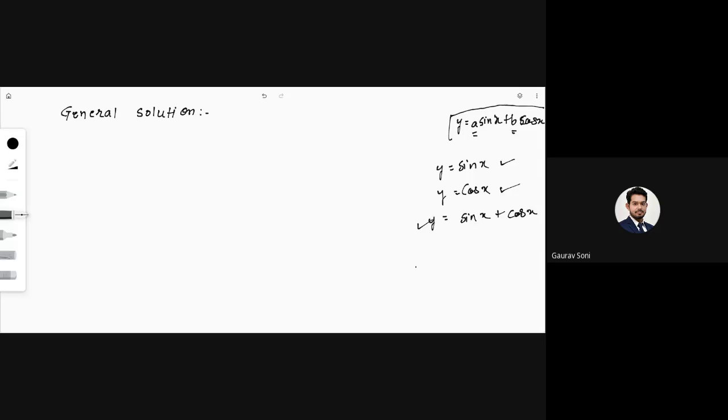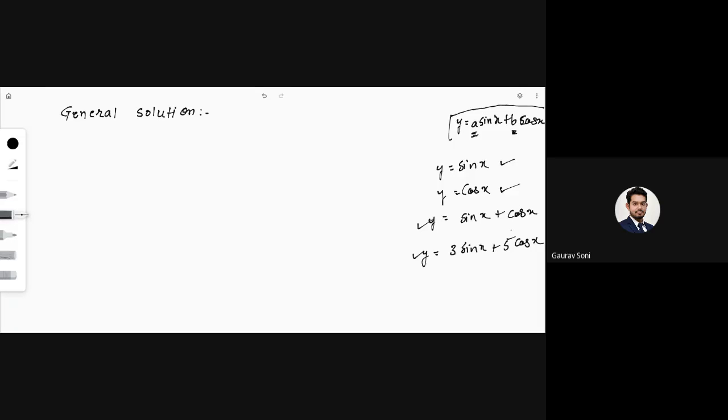You put a is equal to 3, b is equal to 5, so you will get y is equal to 3 sin x plus 5 cos x. And let me tell you, this will also turn out to be the solution. Okay, so you can give different values to this a and b and you will get different solutions.